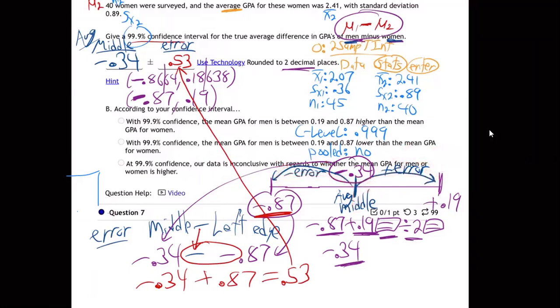So the middle is negative 0.34, but you could subtract or add 0.53. This is positive 0.53, and this is a minus 0.53 going that way from the middle of negative 0.34. That's what we're saying. We're 99.9% confident that the true difference between all men and women in the world, their GPAs at university, is negative 0.34, meaning the women are a little higher, right?